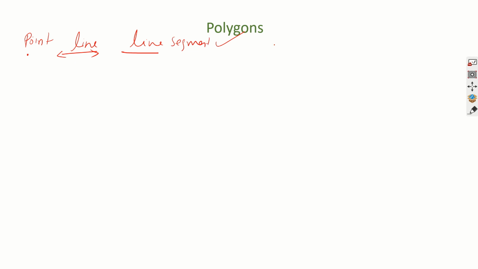Then you studied about angle drawn with two sides and a common arm, common vertex. Then you studied about a triangle, and now you studied about quadrilaterals.